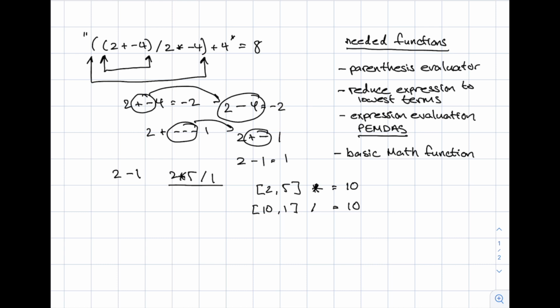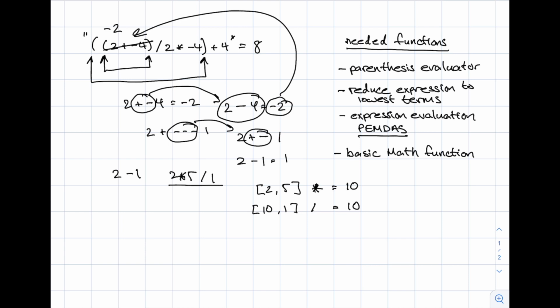One thing we should take note of is that when we evaluate these expressions, we're going to substitute or replace the original expression with the answer. So in our case of 2 plus minus 4 being -2, we're going to take this -2 and substitute 2 plus minus 4 with -2. Then we continue on with our expressions.